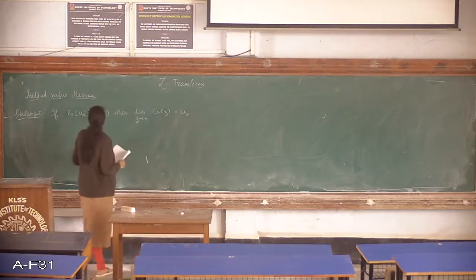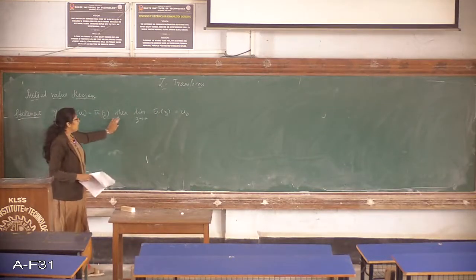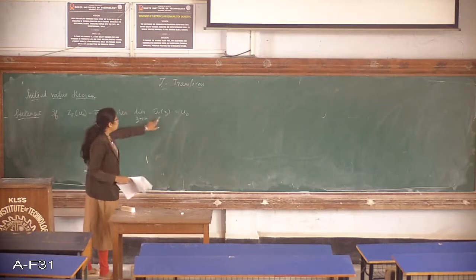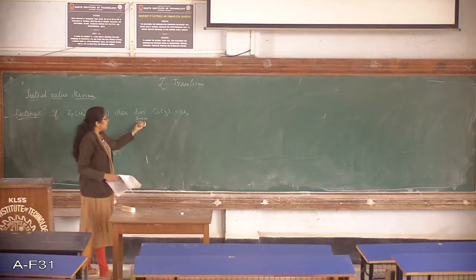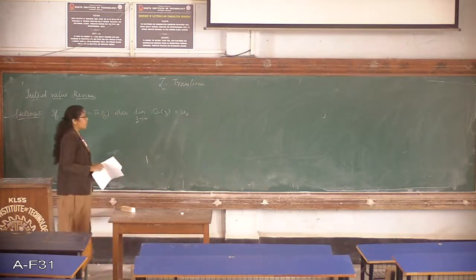So the statement says that if the Z transform of un is u bar of z, then the limit of u bar of z as z tends towards infinity will take the value equal to u naught.